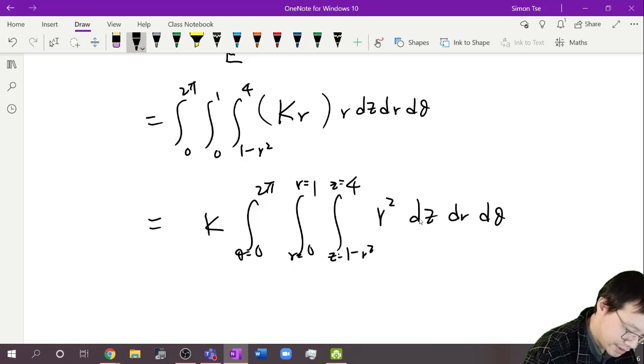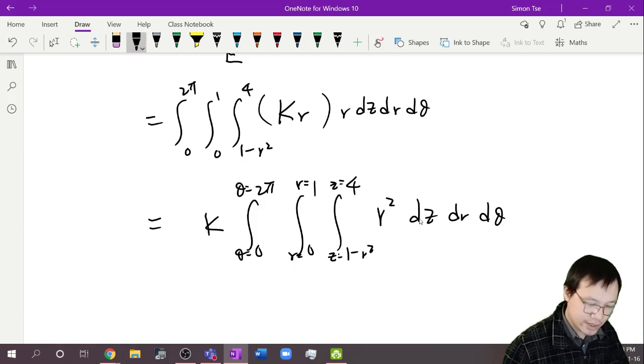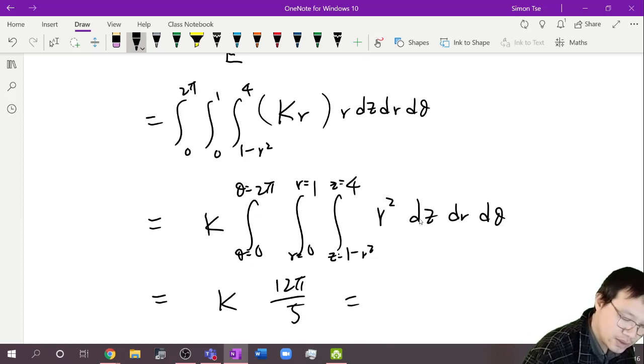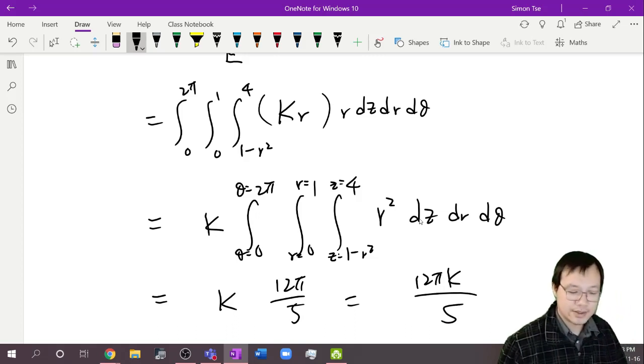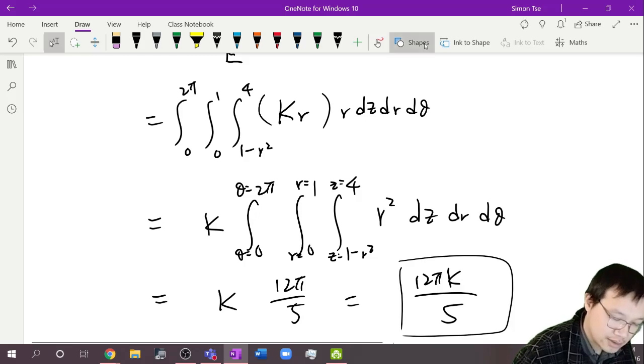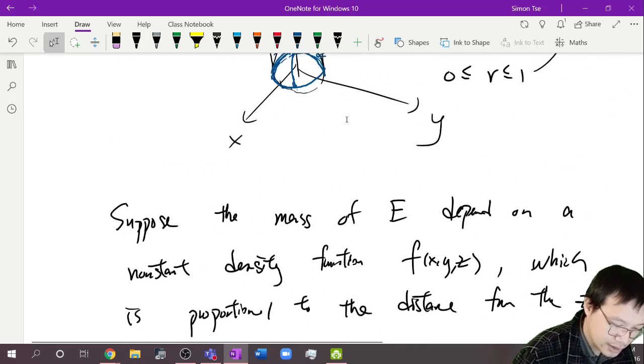This is the theta function. And in iterated integral form, this is no longer hard to deal with. The answer will be k times 12 pi over 5. So the mass of that solid is this guy. Okay, so I'll stop here. We'll do more examples in the problem solving class.